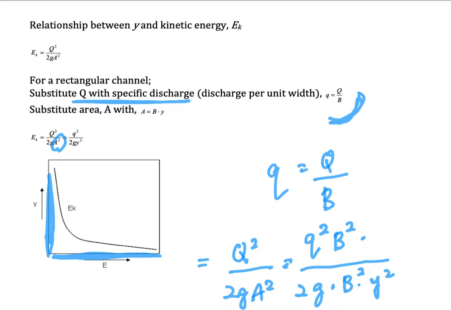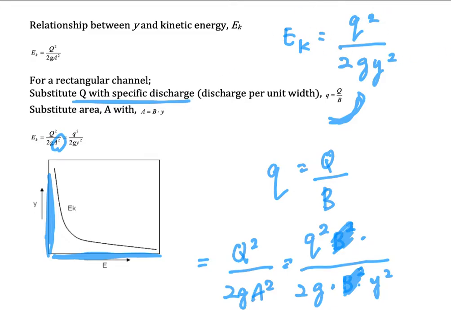From this equation we could neglect the value of B, which is the width of the area. So the kinetic energy can now be calculated by using q squared over 2g y squared.